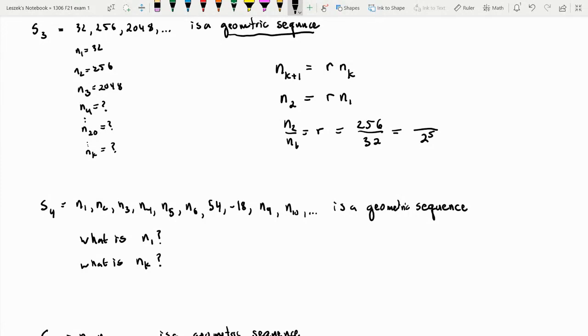So 32 is 2 to the power 5, and 256 is 2 to the power 8. So the ratio is 2 cubed, or on your calculator, it's just 8, right? So the common ratio is 8.